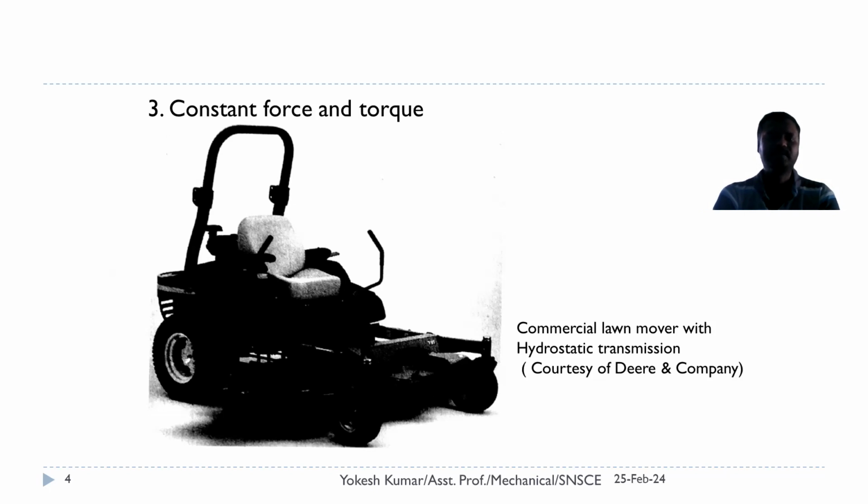Lots of variables are there, but in spite of those variations, this lawn mower can give constant force and torque so that we get consistent cutting of grass throughout the lawn. Constant force and torque are possible even with load variation and speed variation. This is not possible in other types of systems.